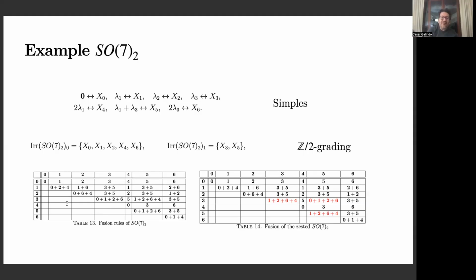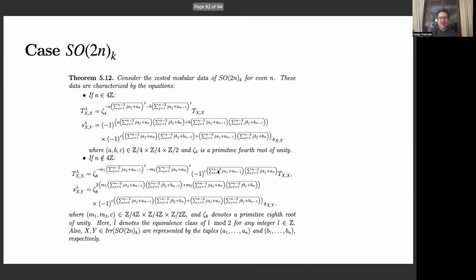And the important part here, just to say, is that every object is self-dual. This is something that we can see from here. I mean, the tensor product of 1 with 1 contains the 0 here, and the same for the others. But when you do the zesting, these objects in red are no longer self-dual. So the fusion rules really change a lot.